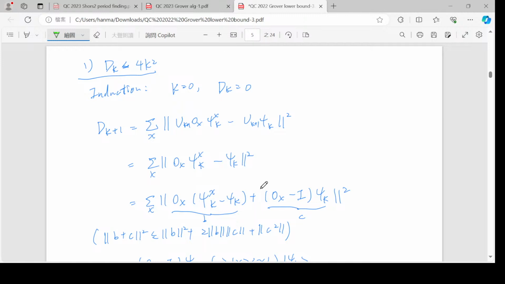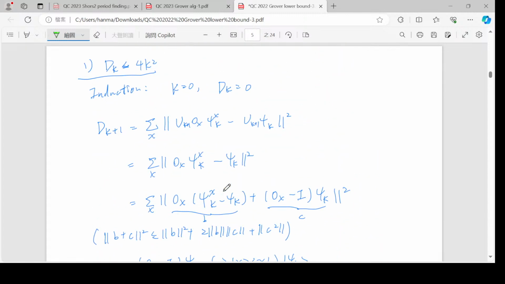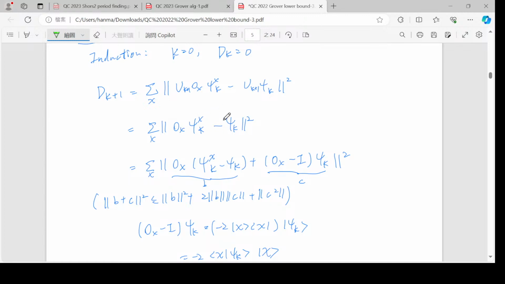Now we do something funny, kind of because we know the answer. We want to break this difference into two differences that are easier to bound. So we are adding and subtracting OX psi k, mixing those two things together.